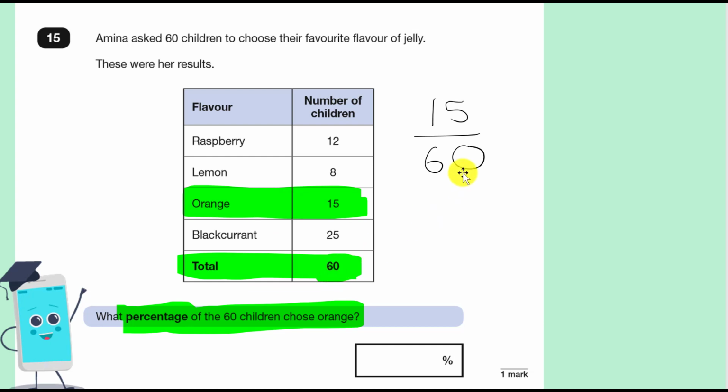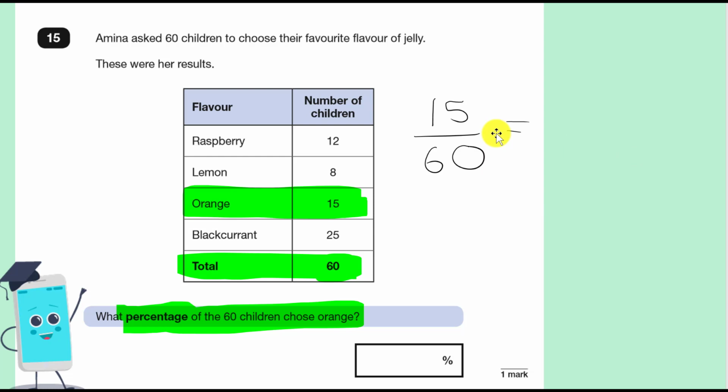Now, to change a fraction to a percentage, we need to find an equivalent fraction where the denominator is 100. Now, it's not very easy to change 60 straight to 100 because 60 is not a factor of 100. 100 is not a multiple of 60. So we need to find another way.